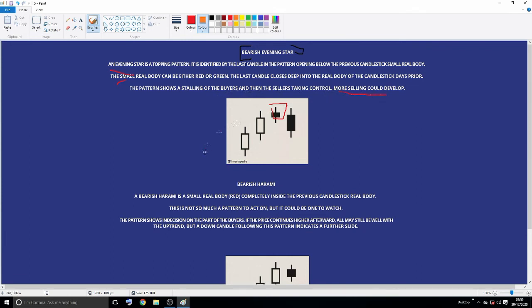More selling could develop. So you see here, it went up, and then this could either be green or it can be red. It doesn't matter. If this one seems more powerful, that's an evening star pattern, and you can just jump in.